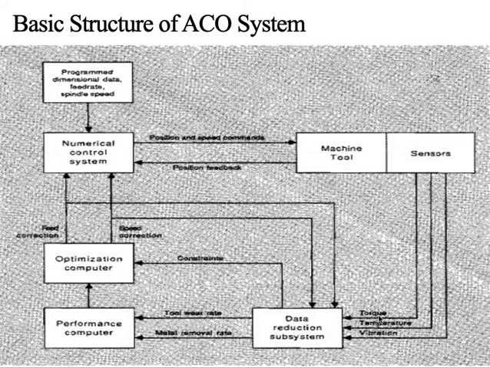So here you get the torque, temperature, vibration from the sensors on the machine tool while the numerical control system is operating, this is position and speed commands. And if you're going for a feedback, a portion of feedback, this is what is going as feedback. From here again a feed correction is here. This is what the basic structure of the ACO system is.